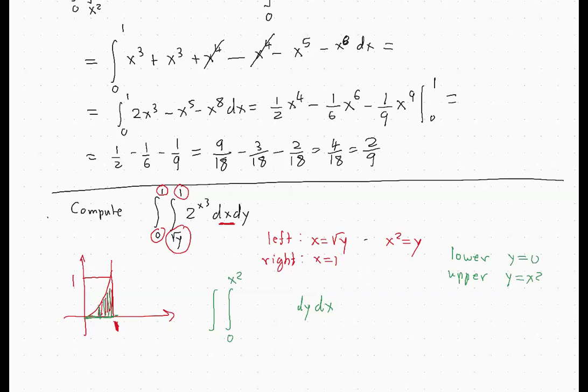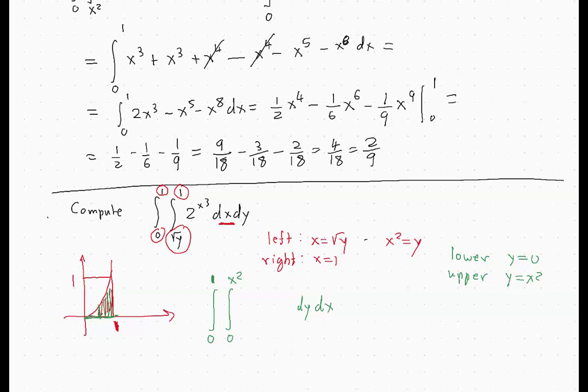From 0 to 1. One of the things that one should note here is that sometimes there might be a tendency to try to find the limits of the reversed integral using some general abstract argument. And you have to keep in mind that you have to go through the domain.